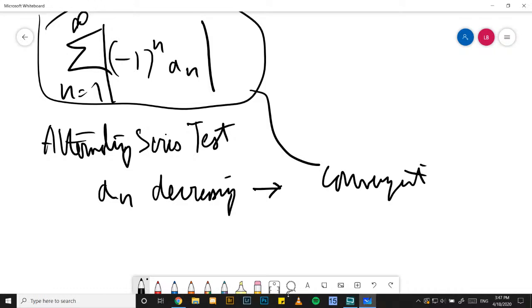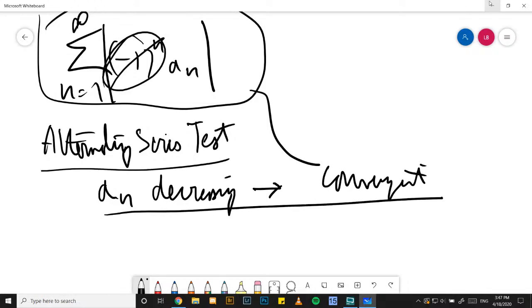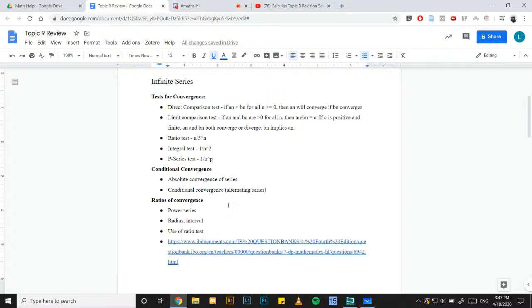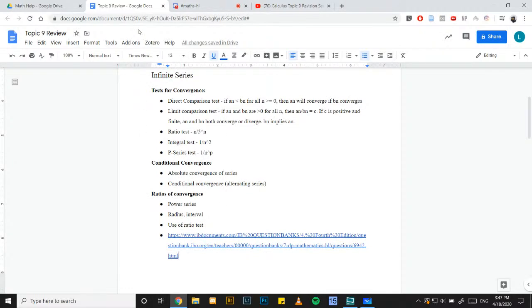If you took the absolute value, the negative 1 to the power of n cancels out because it doesn't mean anything anymore. And if it converges then, using the other tests, then it's absolutely convergent. However, if it has negative 1 to the power of n in it, then you can use the alternating series test and you'll know that if an is decreasing, then it is definitely convergent. That's conditional convergence.